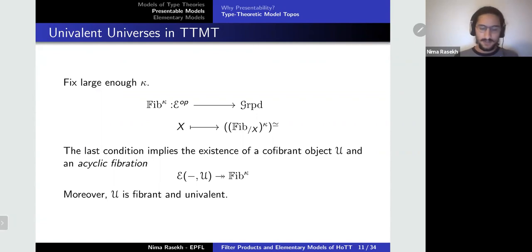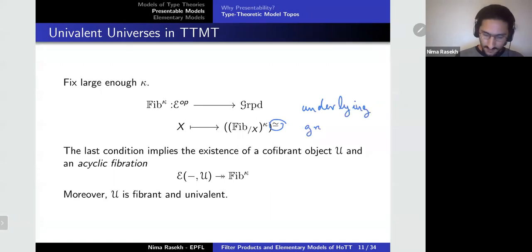E here is the model category, so I can take a class of fibrations over x, and then take the underlying groupoid. It's not actually a functor, it's a pseudo functor, because the functoriality comes from pulling back fibrations. That's not strictly functorial, but it is pseudo functorial, so good enough.